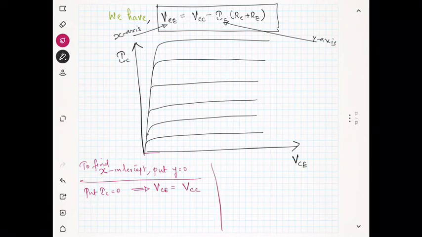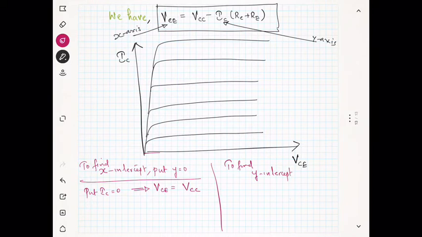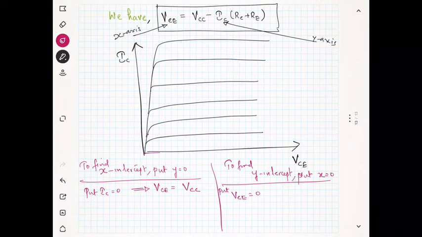Next, to find the y-intercept, put x equal to 0. X means VCE, that is, put VCE equal to 0. Now by using this equation, you will get IC equal to VCC over RC plus RE.